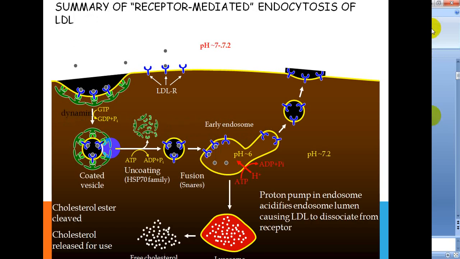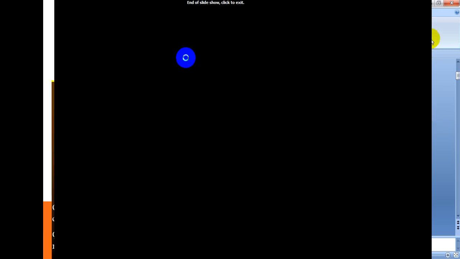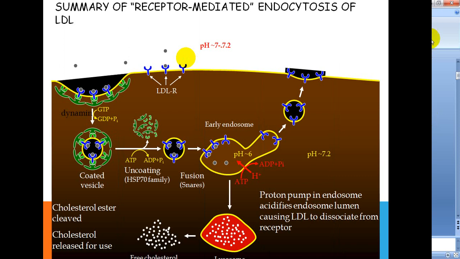Now on the outside of the cell, the pH is around 7 to 7.2 in normal condition. Now once these receptors are present over the plasma membrane, there is an invagination in the plasma membrane called the pit.